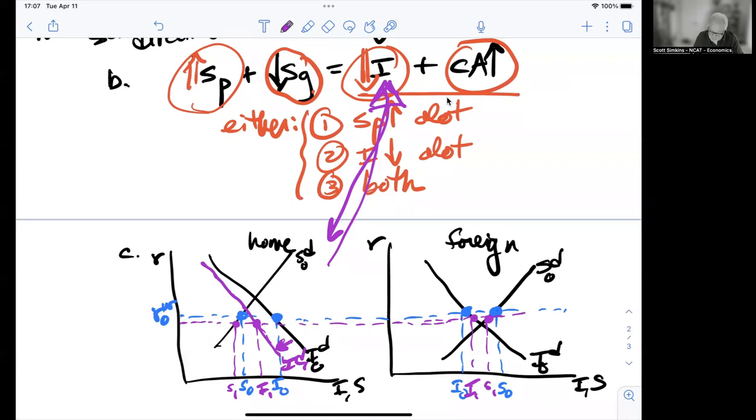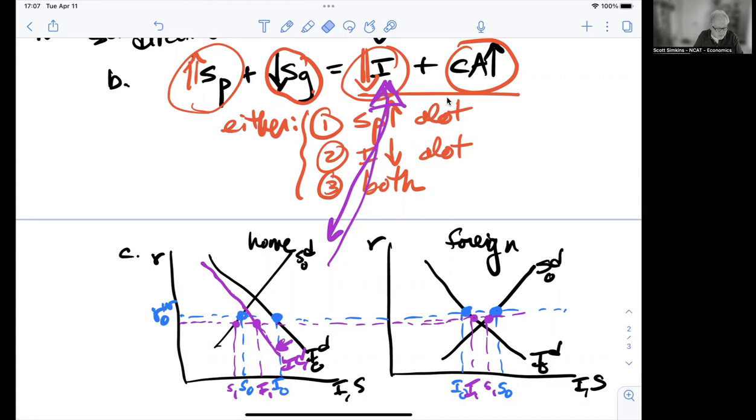So in this case, what we'll see is that we've got it led to desired saving going down, right?